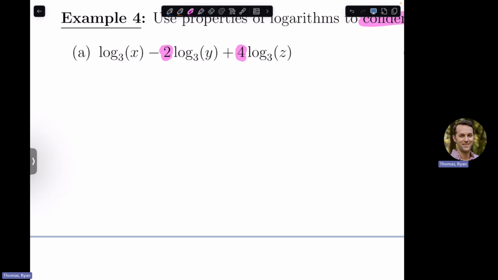Okay. Our rule says exponents become coefficients, or if we go the other way, coefficients become exponents. So 2 times the log base 3 of y is the same thing as the log base 3 of y squared.